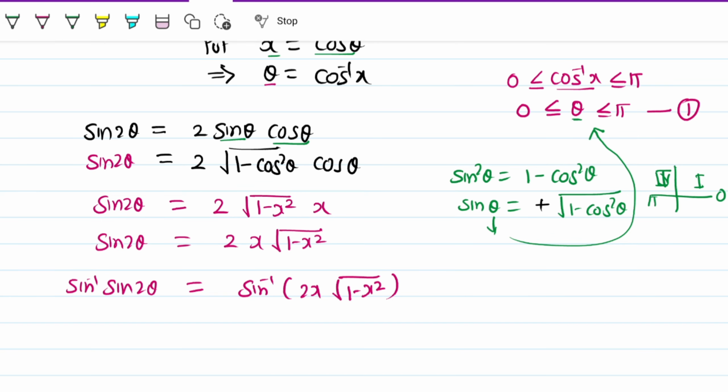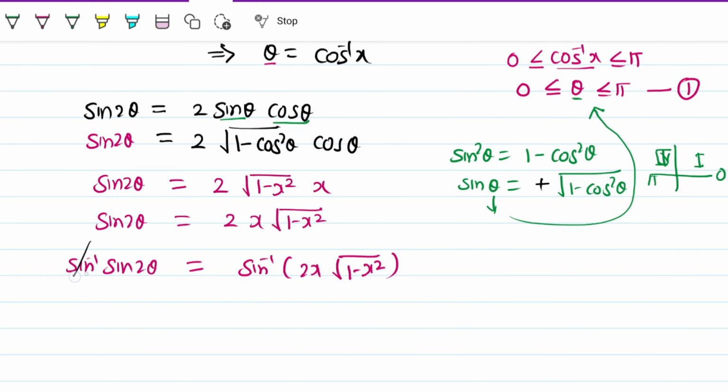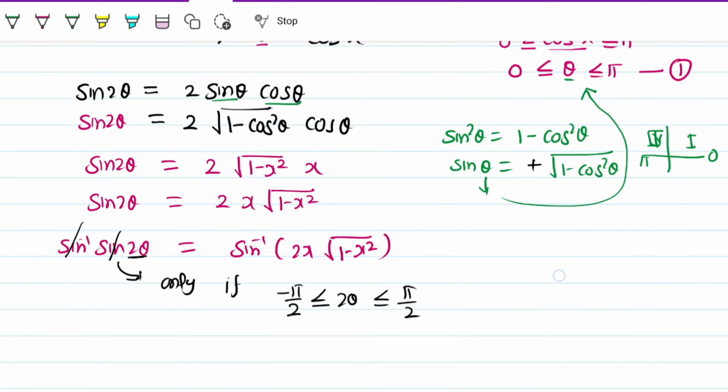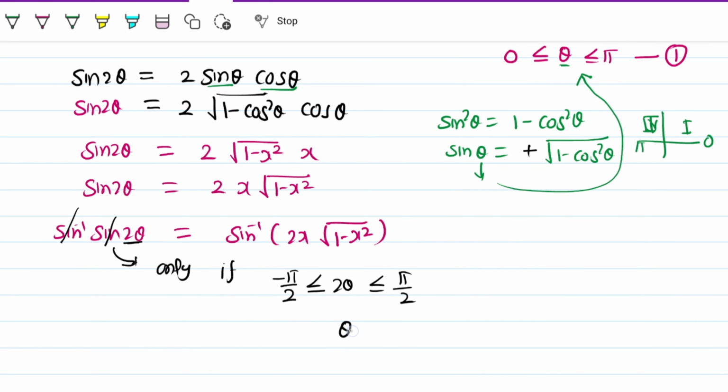Now, simple logic: sine inverse and sine can be cancelled only if this angle belongs to the principal range of sine inverse, and the sine inverse principal range is minus pi by 2 to plus pi by 2. So from here, what is theta?